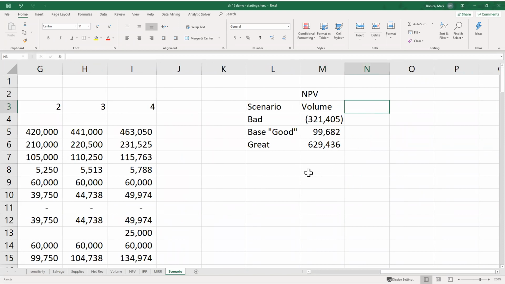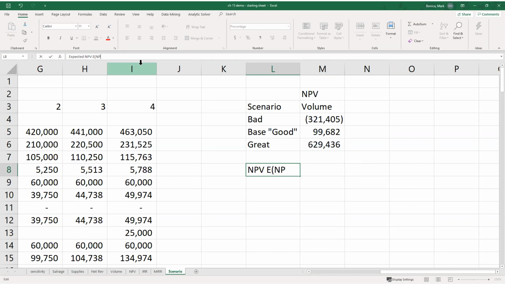So what we now want to do is kind of what we've been doing. We've done in a couple of chapters. We want to get our expected NPV. Right. So the question becomes, in order to get the expected NPV, or ENPV, right?